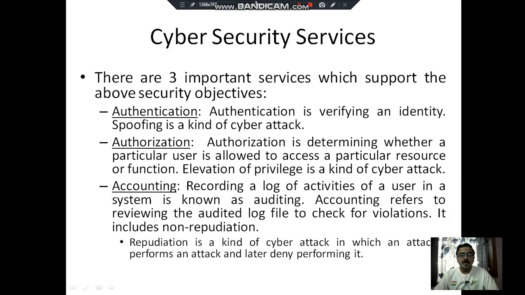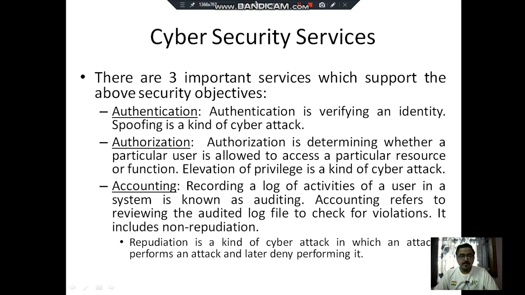Authorization is determining whether a particular user is allowed to access a particular resource or function. You can easily see that in your home, something is authorized to you by your parents, but some things are not authorized by the parents.